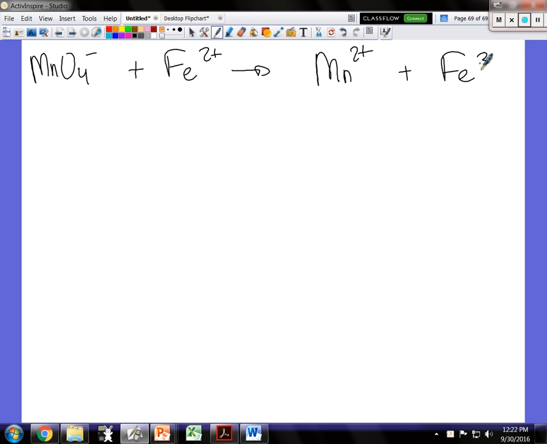All right, so let's set up our ox and red, ox and raw, red cat oa.